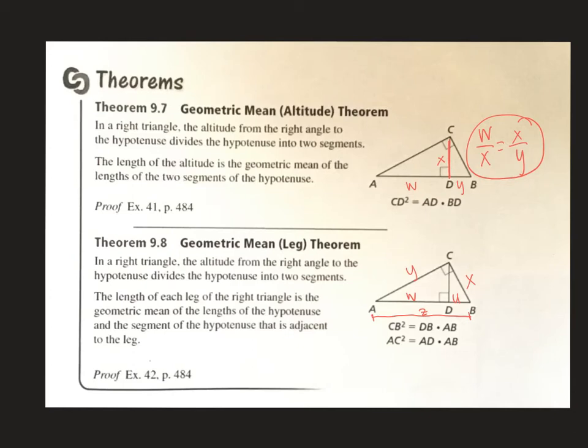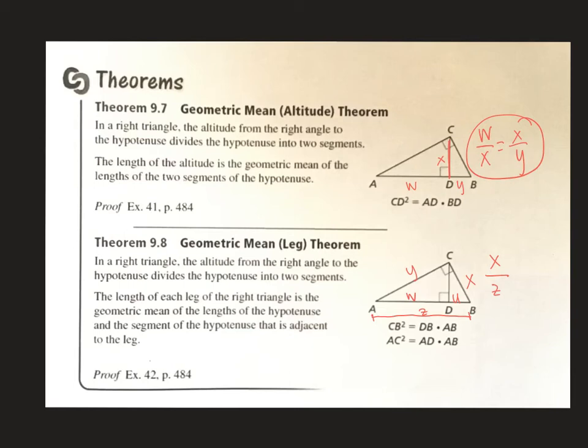So if we want to find the length of X, I'm going to look at my triangle as a whole, and I'm going to say that my short leg, which would be X, over my hypotenuse, which would be Z, because it's the entire triangle. So it's this side X and this side AB. Okay?